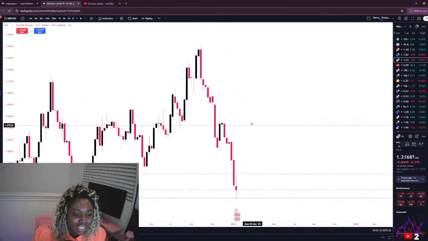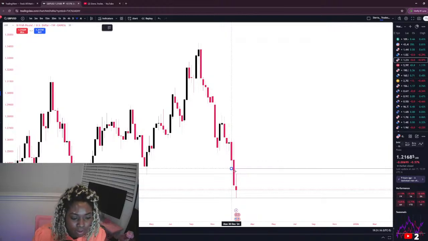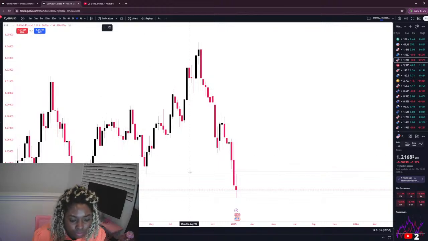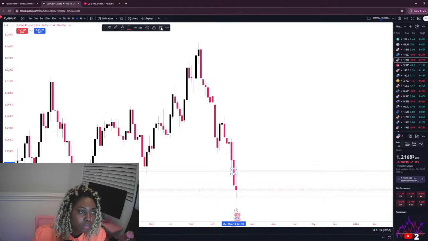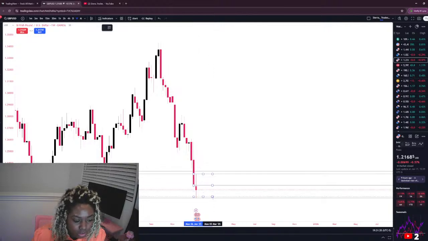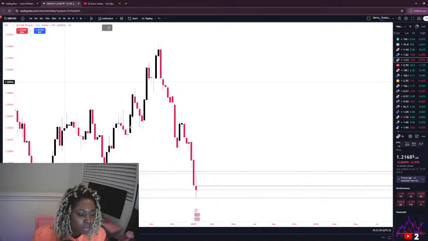And then now that I see that, I do see that we have a gap right above it. So I'm going to mark up that gap too. All right. Now I'm going to mark up 50% of the range. Wow.